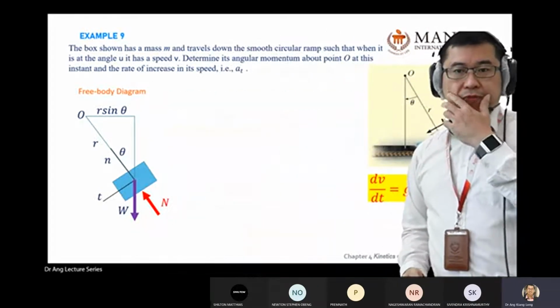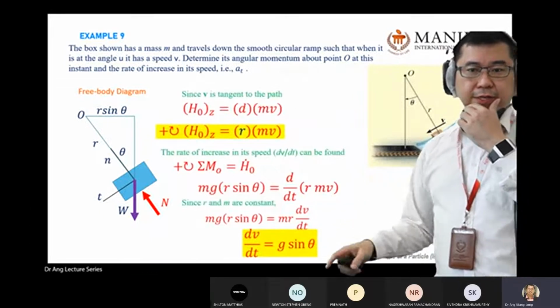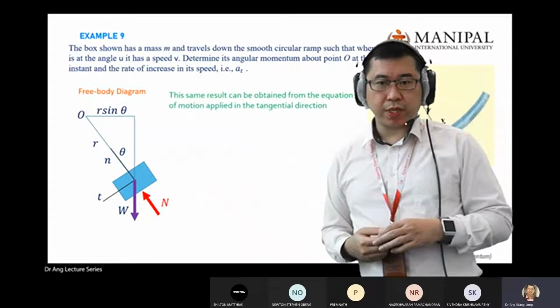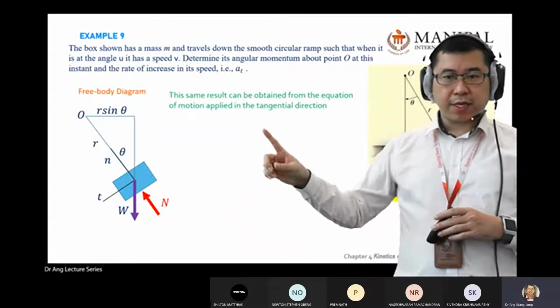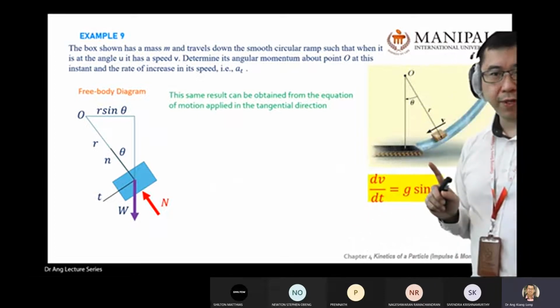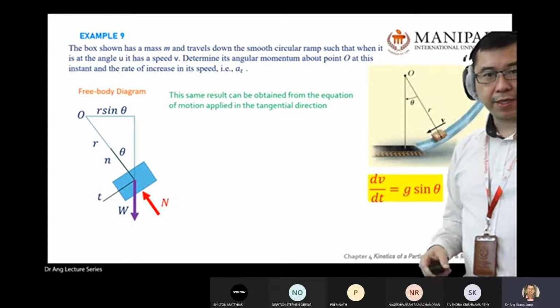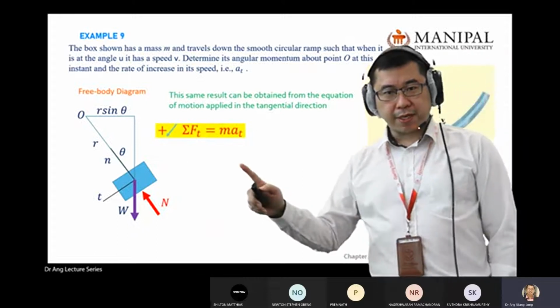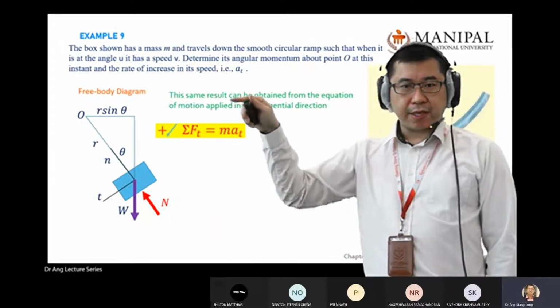Okay, you can prove this equation. You can prove these two equations by using equation of motion that you learned in chapter 2 and chapter 3, in the tangential equation, where you can prove this equation by using what you learned in your tangential and normal chapter, right? Collinear motion. You still get the same, F equal to ma, direction going down.